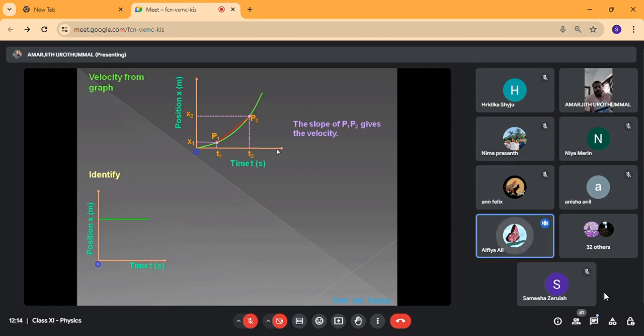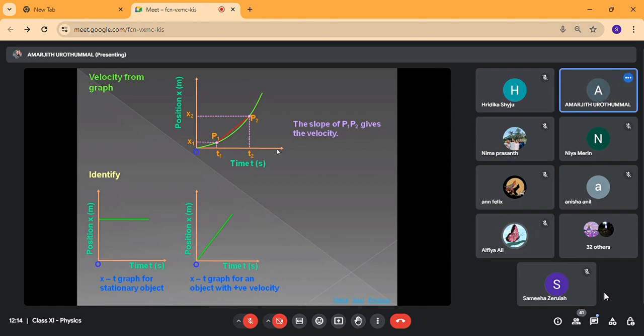For stationary object. Object is at rest, stationary object. What does this represent? For uniform motion. Uniform motion. It represents uniform motion.